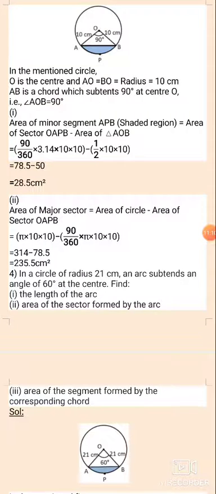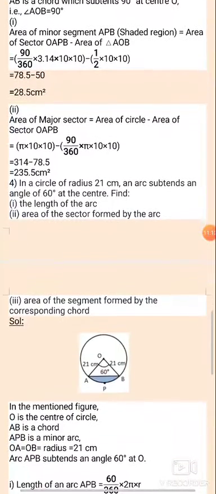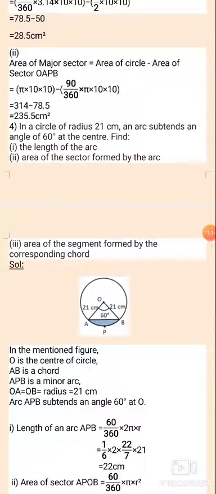Okay. Now the first question, the length of the arc, which is equal to theta by 360 into 2 pi r. Length of the arc APB is equal to 60 by 360 into 2 into pi value 22 by 7 into r 21. Now cancel all that. At last we get 22 centimeter.